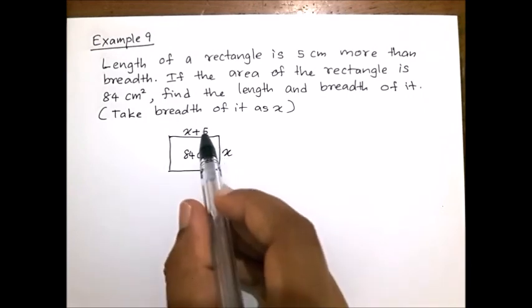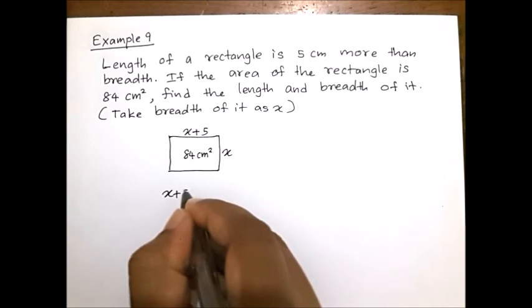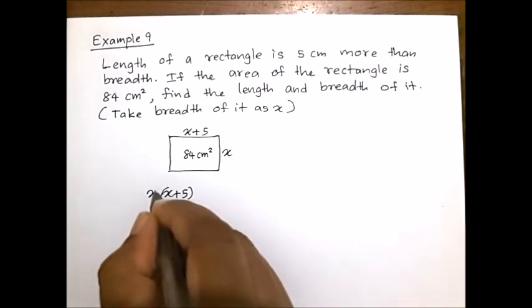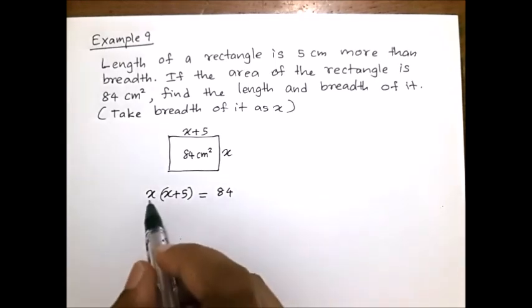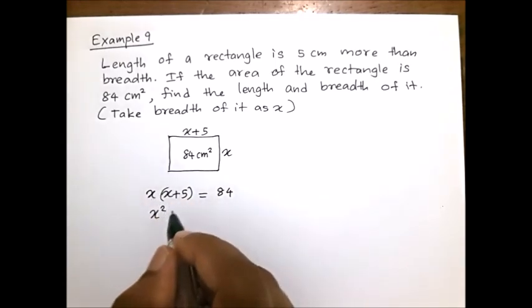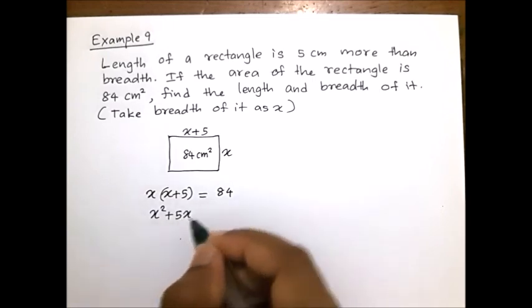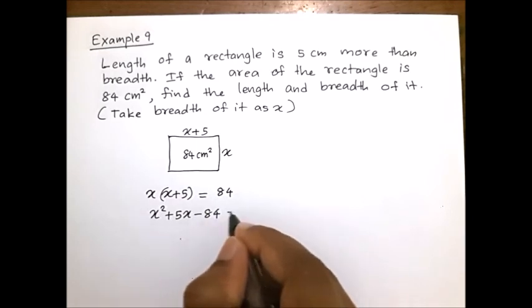Multiply length and breadth, it is equal to area. Length multiplied by breadth equals area 84. Now remove brackets. x multiplied by x is x to the power 2, x multiplied by 5 is 5x, and take 84 to the left hand side, it is minus 84.